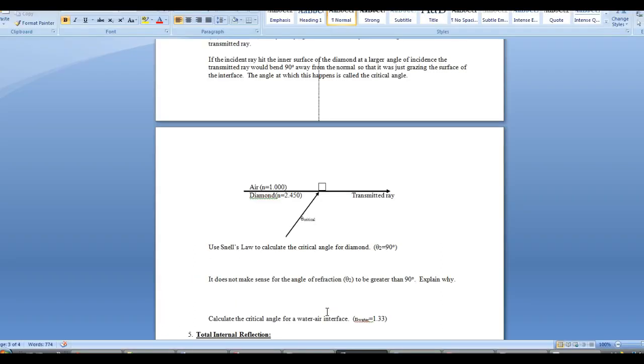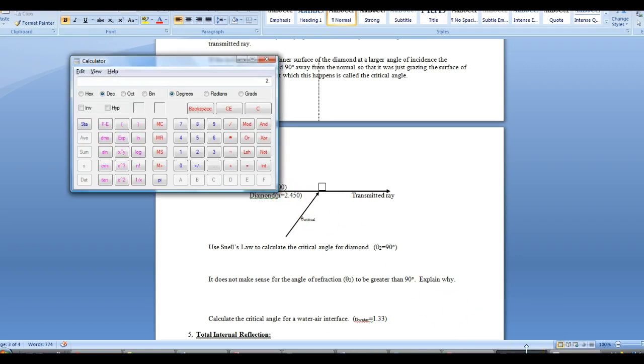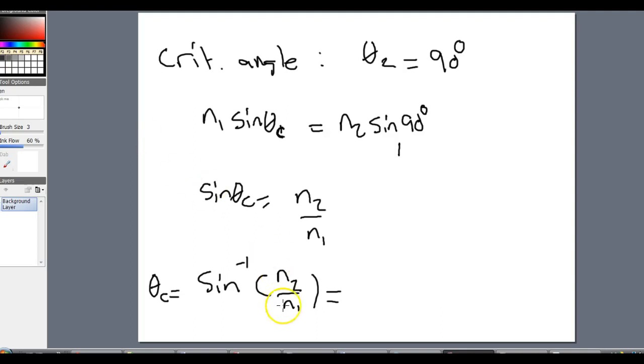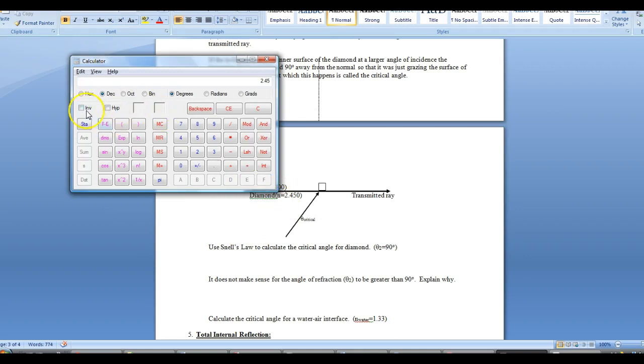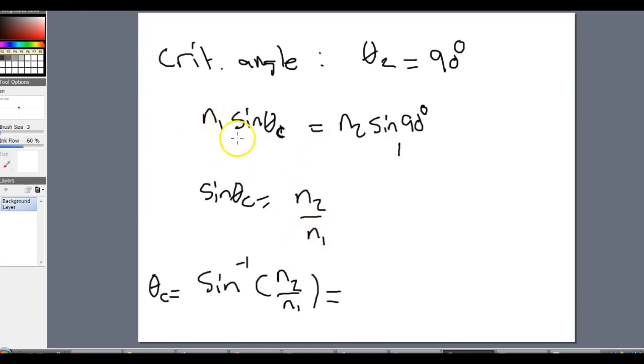So if I find that for this problem, n2 is 1, and n1 is 2.45. Can't even type it in correctly. I almost messed up my calculation there, because this is the diamond right here, so n1 is what should be 2.45.